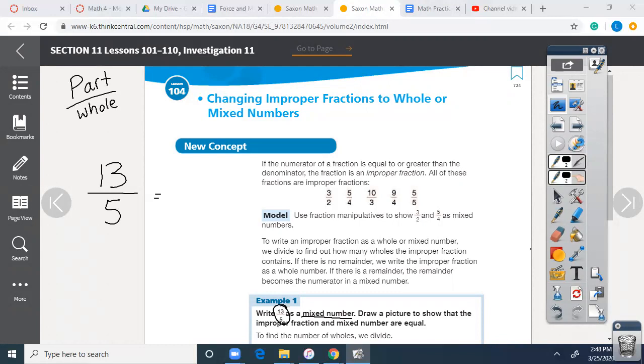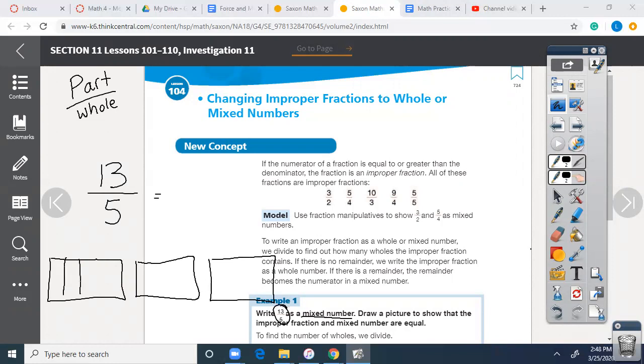You still need to remember that. 5 is still the whole of pizzas or whatever you're talking about, okay? So let's say we are talking, we'll just do little rectangles here. And to have a whole rectangle, you still need 5 pieces, okay?